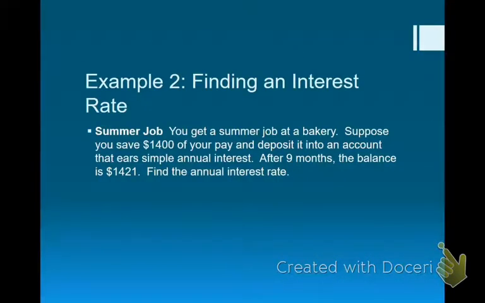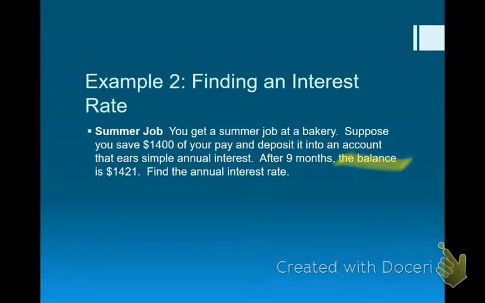All right, so you get a summer job. You save $1,400 of your pay, and deposit it into an account that earns simple annual interest. There's your key, simple annual interest. Okay? So that tells you it's one of two formulas. Now it says after 9 months, the balance. Okay?